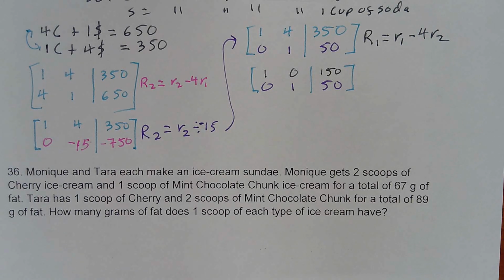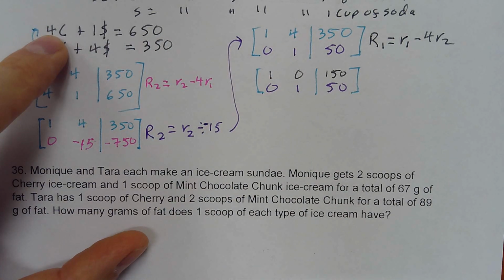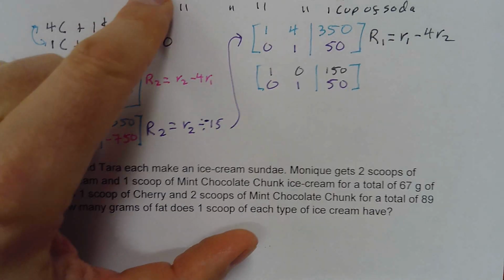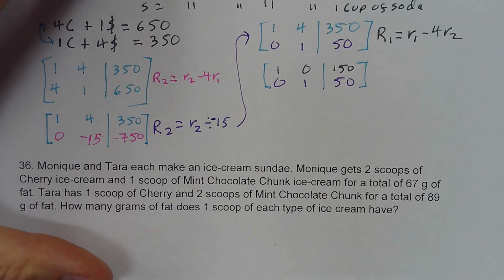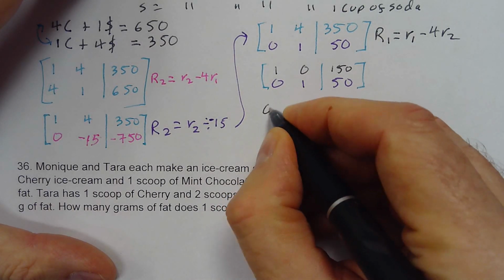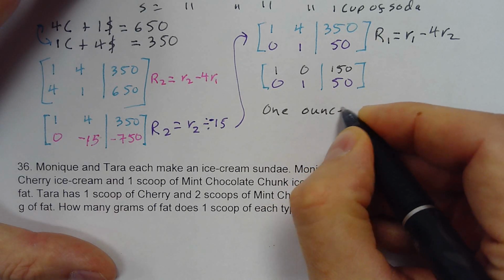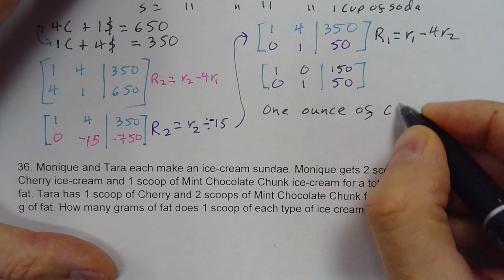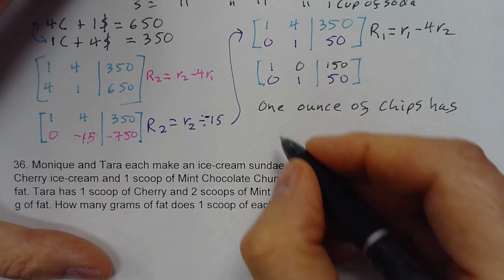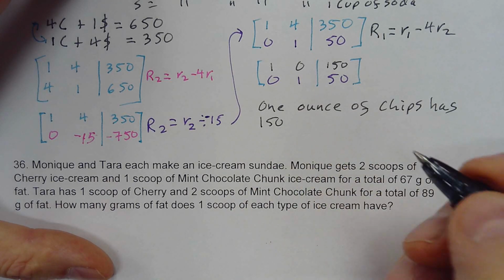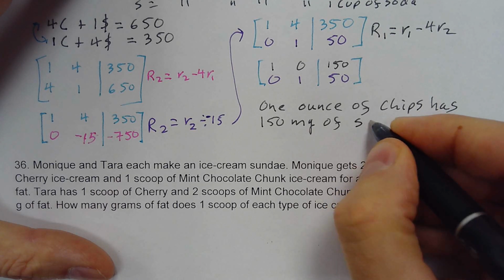Now we have the answer. Remember, this one was my C. That's the amount of sodium in 1 ounce of chips. So 1 ounce of chips has 150, these were milligrams of sodium.